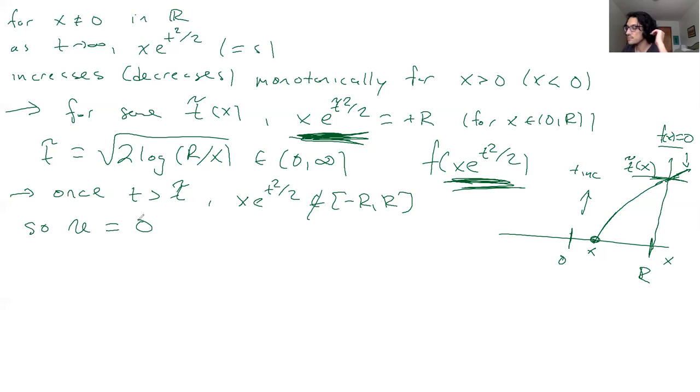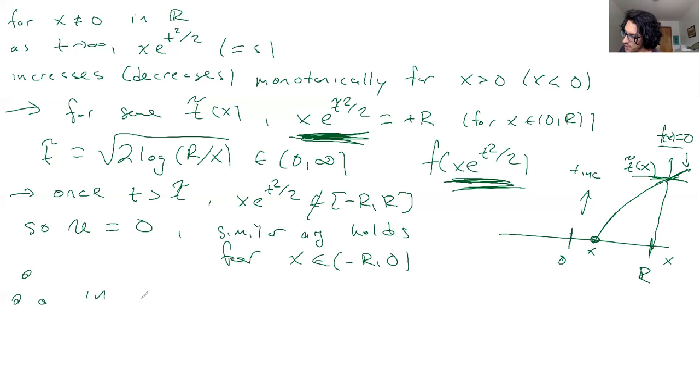And basically, a similar argument holds for x in minus r to 0. Therefore, in finite time, u goes to 0 for any x not equal to 0.